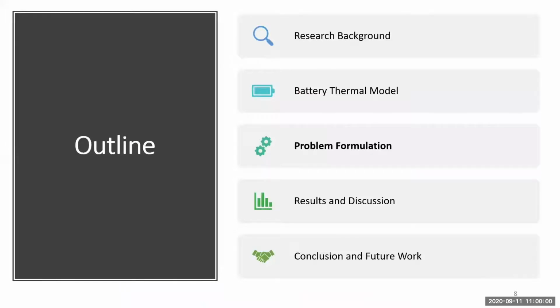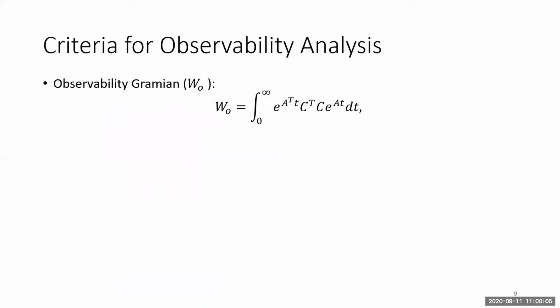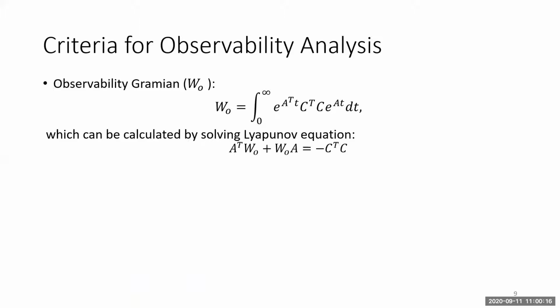Now let's look at the section on the problem formulation. In control theory, the observability Gramian provides the quantification of the system observability, which is defined as the following equation. The Gramian can be calculated by solving the following Lyapunov equation.